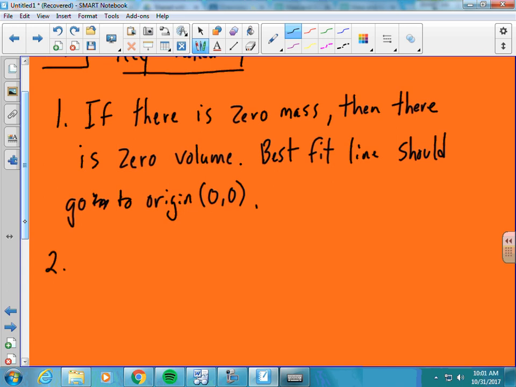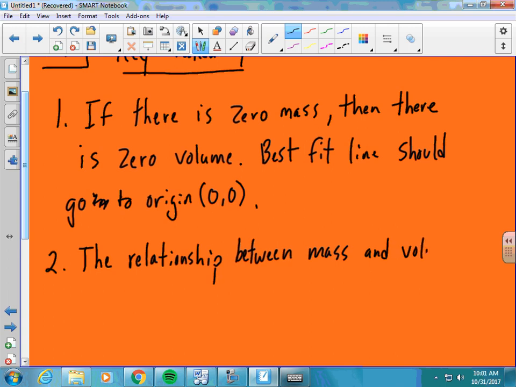Okay, so what we need to understand is that the relationship between mass and volume is proportional and unique for each substance.